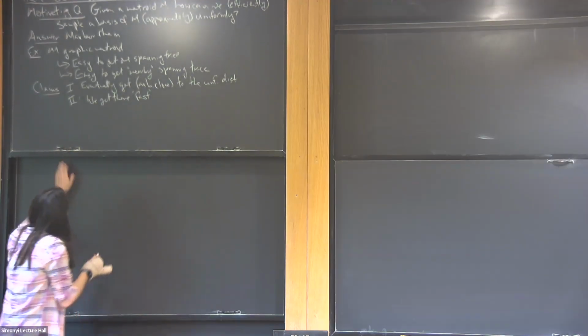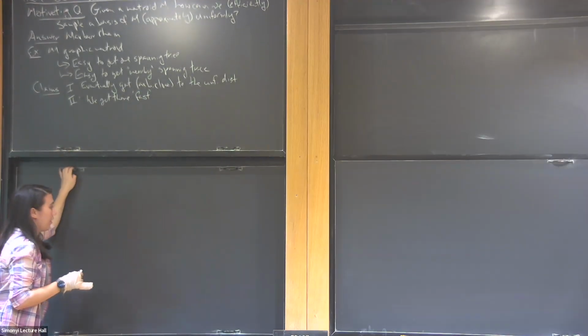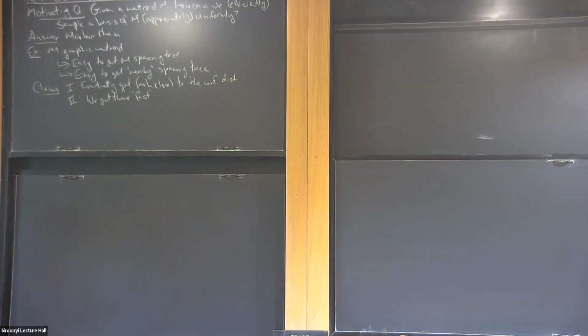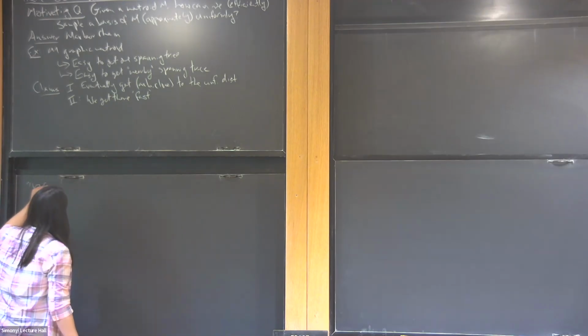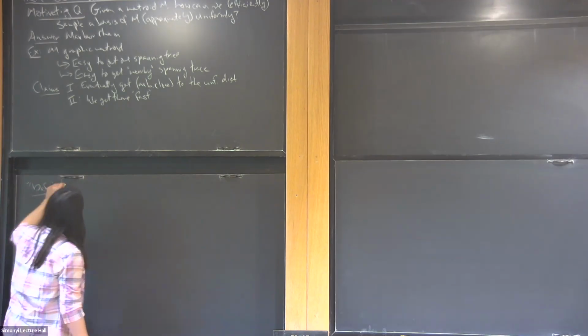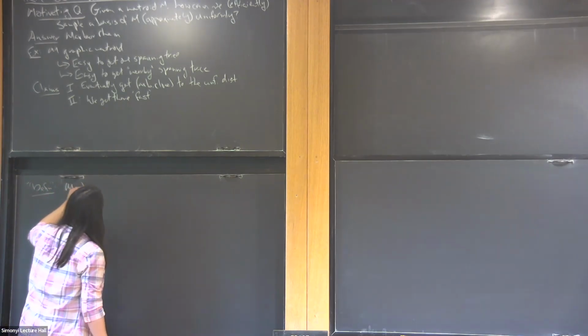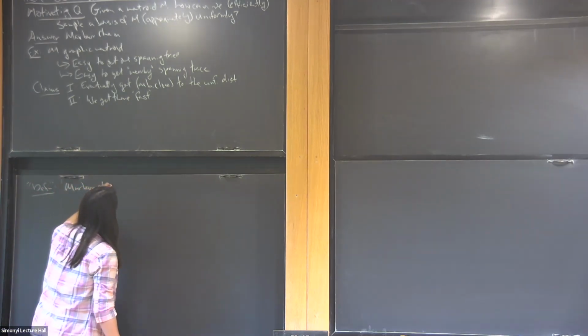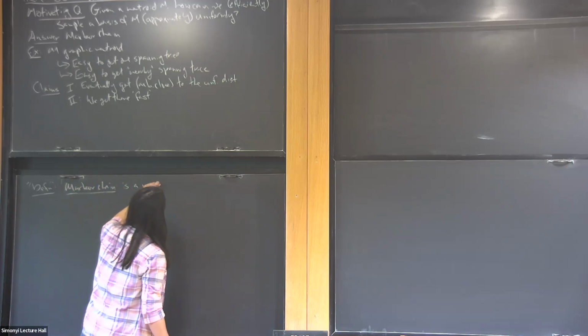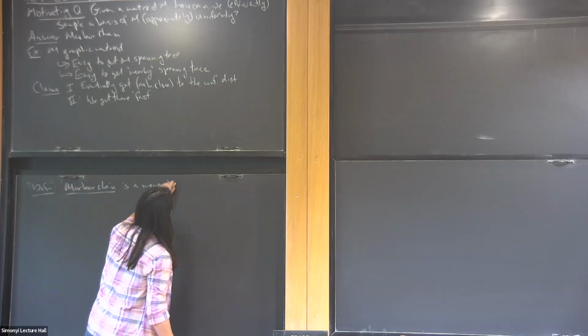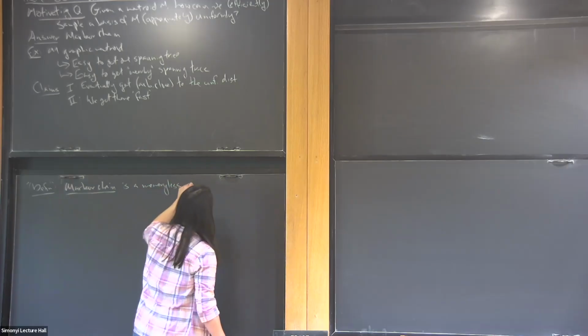So let's start with just a crash course on Markov chains. This is a definition in quotes. A Markov chain is a memoryless random walk.